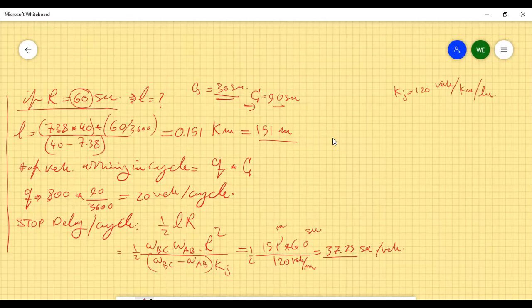Okay, this value, there is something wrong here, by the way. It's not 120 vehicle per meter. No, this is wrong. So just omit it. I'm going to go back to this.